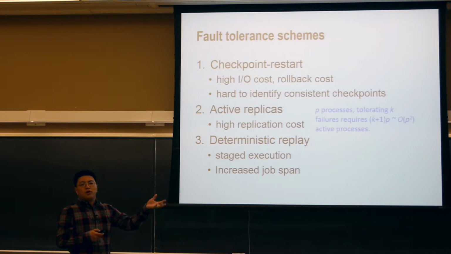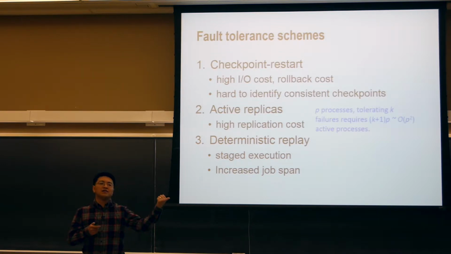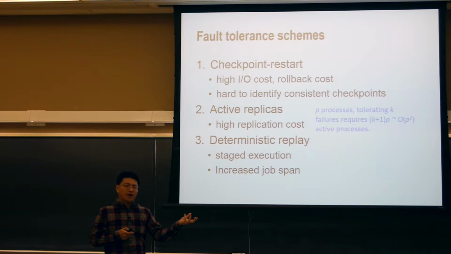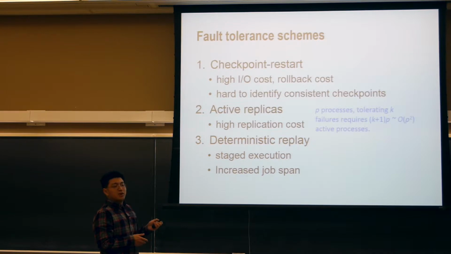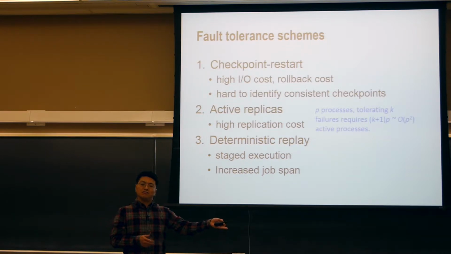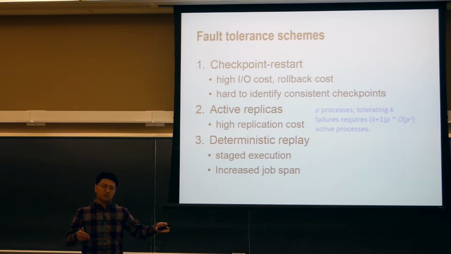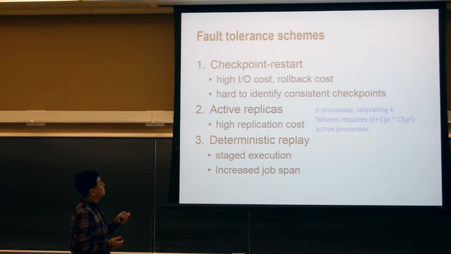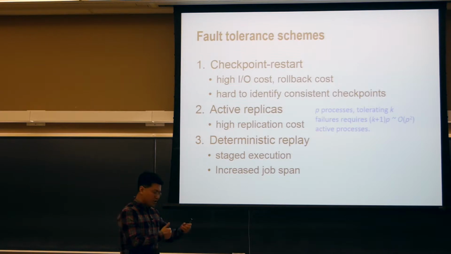Then if a fault happens, we can go back to where we saved the intermediate values and replay from there. However, this implies a huge I/O cost because writing to secondary memory is much slower than the computation speed. And sometimes it's hard to identify a consistent checkpoint state that we can store.